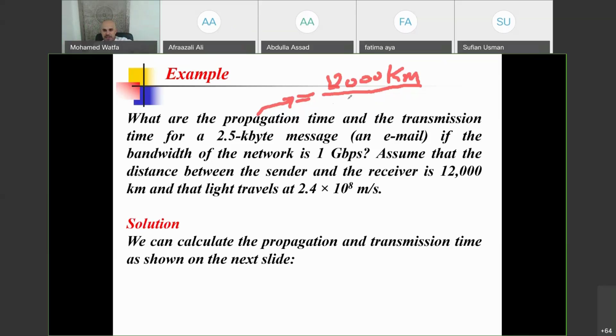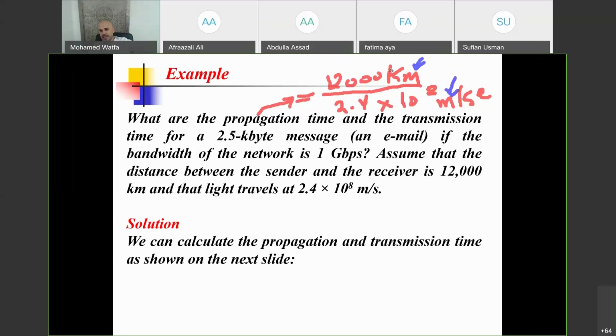The propagation speed, 2.4 times 10 to the power of 8 meter per second. Now you say, oh my God, this is meter, but this guy is kilometer. Very easy.